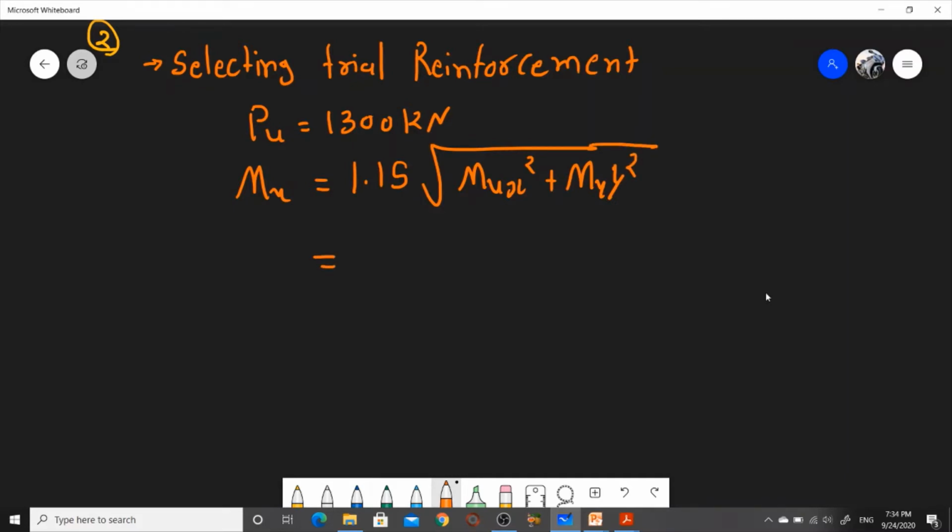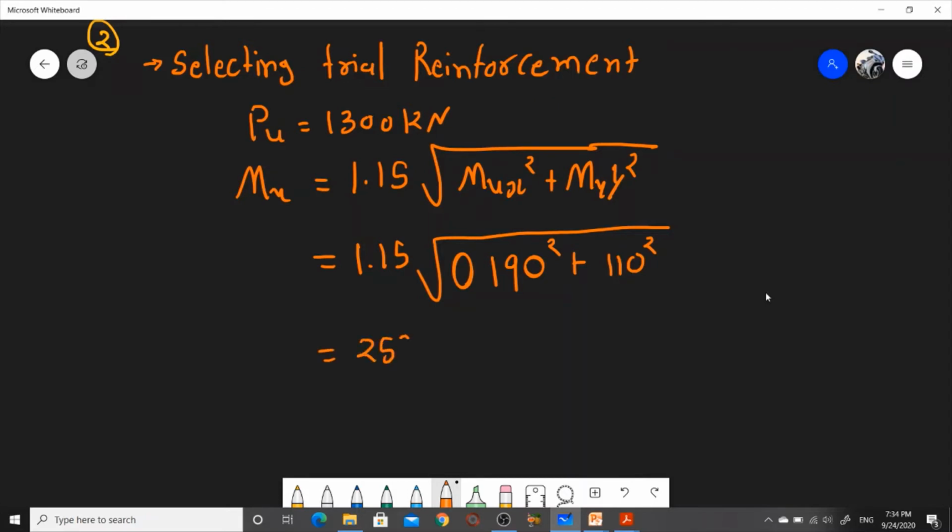Put all the values: 1.15 under root of MUX, which is 190, whole square plus 110 square. So the overall moment is 252.5 kilonewton meter.